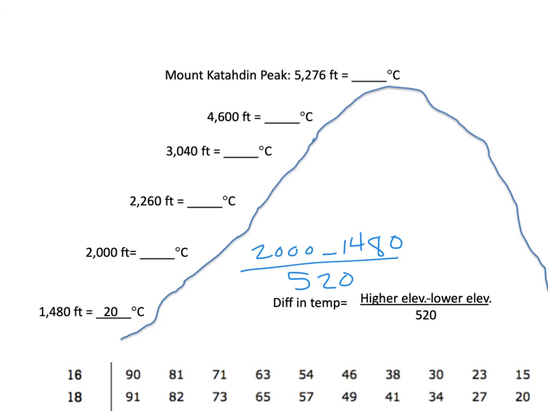If you do the math, this will equal 1. So that means the temperature is going to change by 1 degree. Since we're going up, 20 degrees minus 1 is 19. Okay, you can pause the video to calculate the rest and then check the answers.